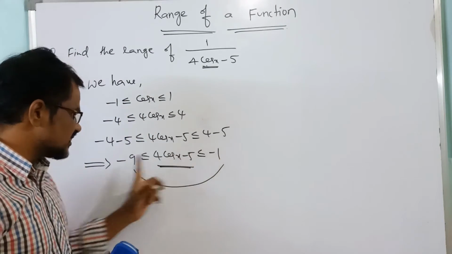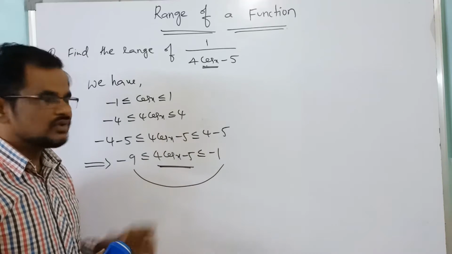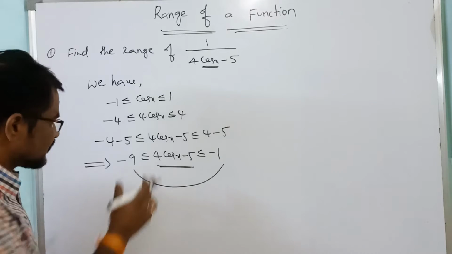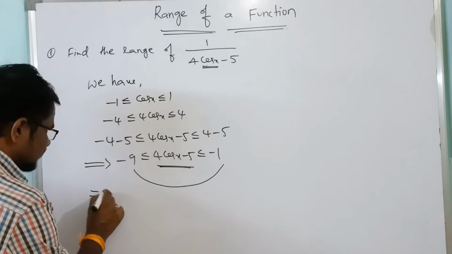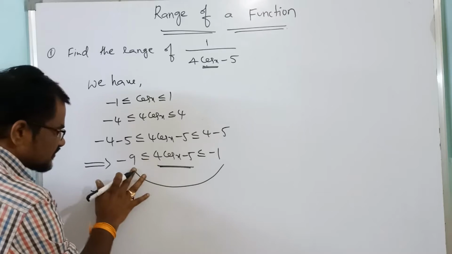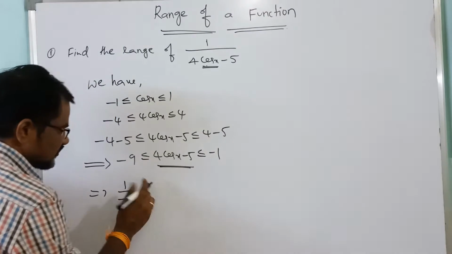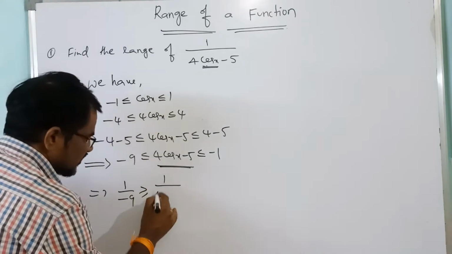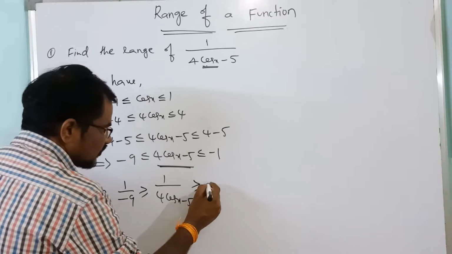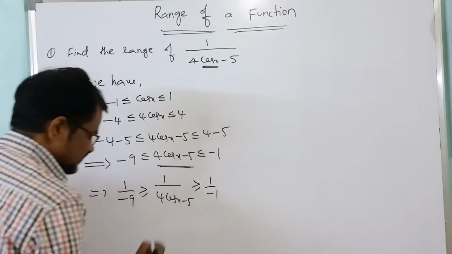In this there is no 0, so we can take the reciprocal directly. If you take the reciprocal, 1 by minus 9, less than or equal to becomes greater than or equal to, 1 by 4 cos x minus 5, greater than or equal to 1 by minus 1.